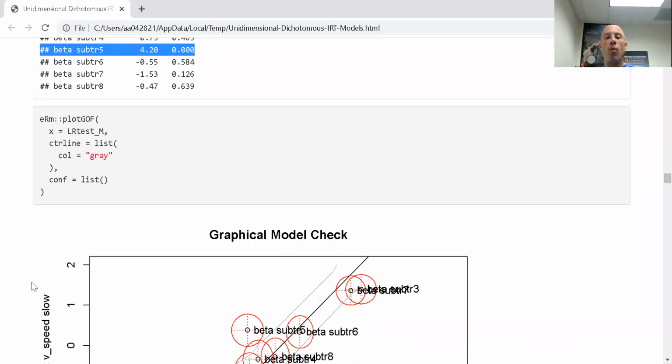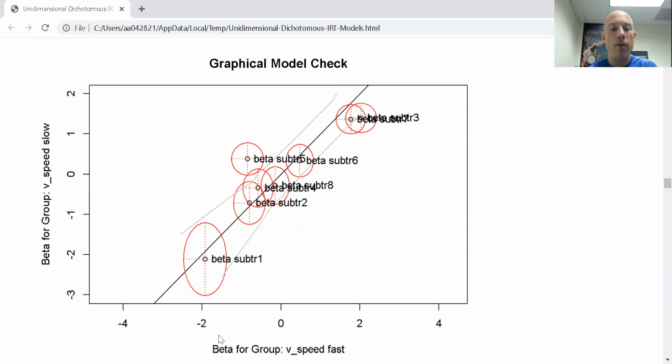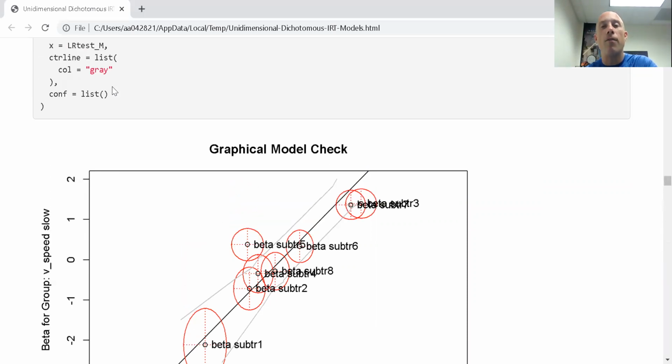I'm going to do a graphical model check. I'm going to do a plot for the beta for the group for the fast students. If I rerun the model and look at the beta values for the fast students and the beta values for the slow students as the difficulty parameters, assuming a bivariate normality to make these ellipses, I can get this plot right here, using a confidence ellipse.